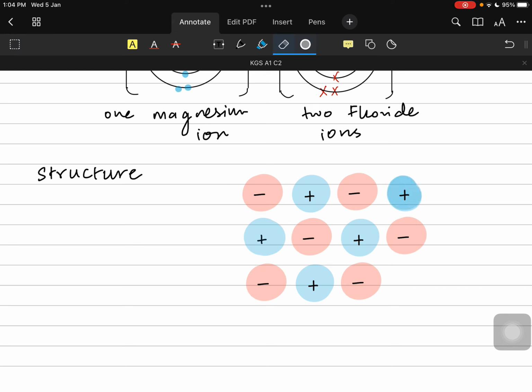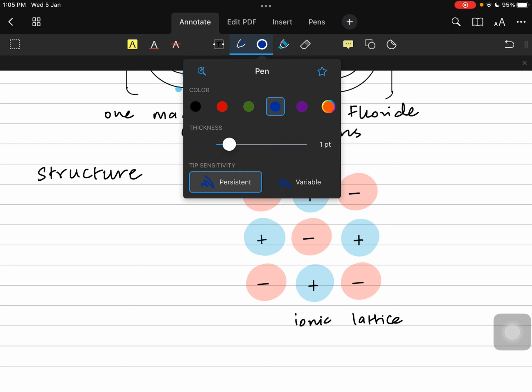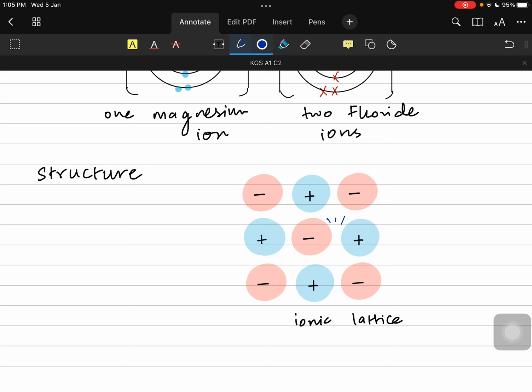I'll remove this portion over here, and this is a continuation. You see a lot of these structures continued. It's an ionic lattice where each positive ion and negative ion are surrounded by each other because of the electrostatic attraction. So the attractive forces between them are electrostatic forces of attraction.